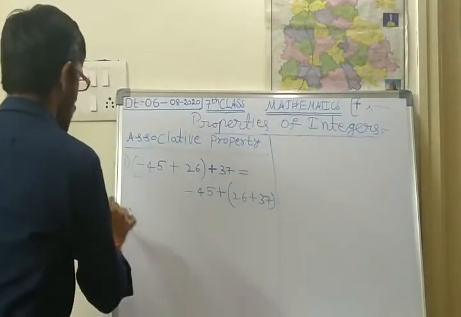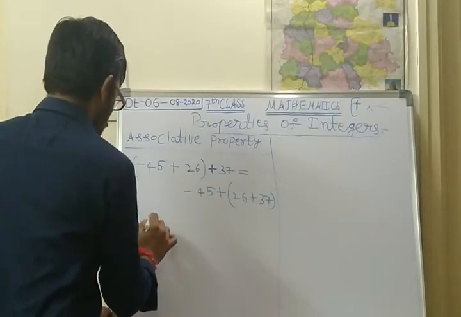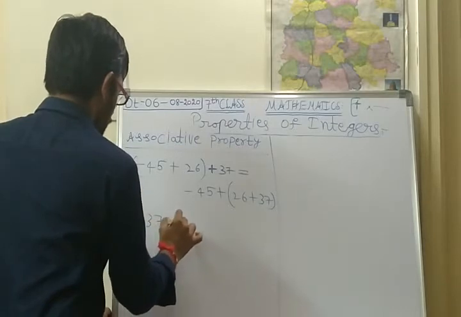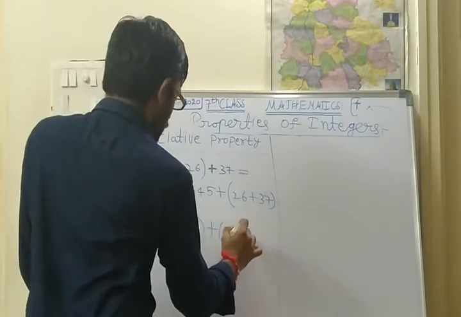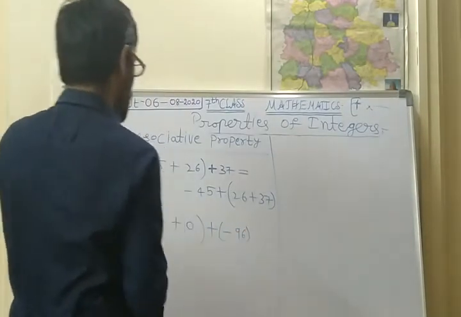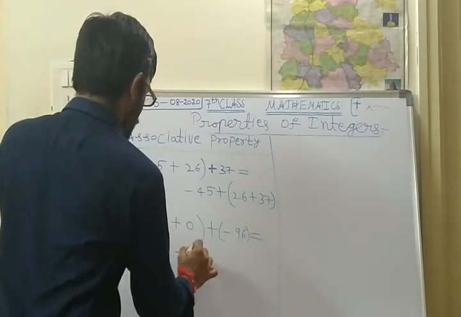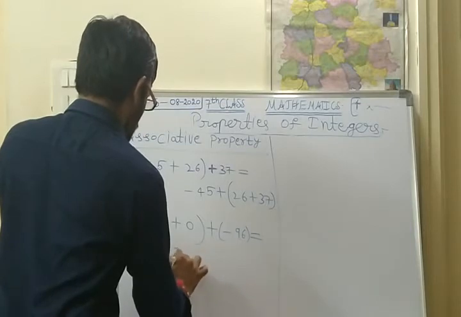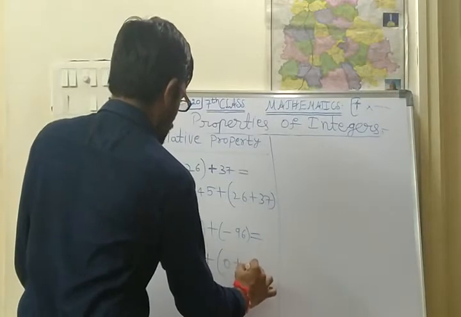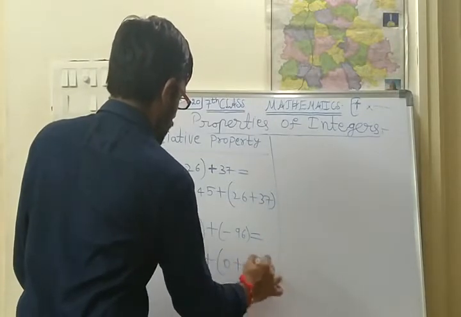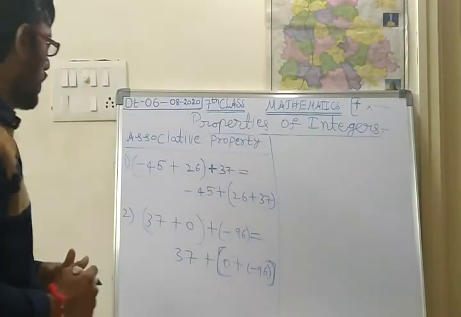Next, the second one, here I am giving 0: 37 plus 0 plus of minus 96 is equal to 37 plus of 0 plus of minus 96. These are the two associative property conditions.